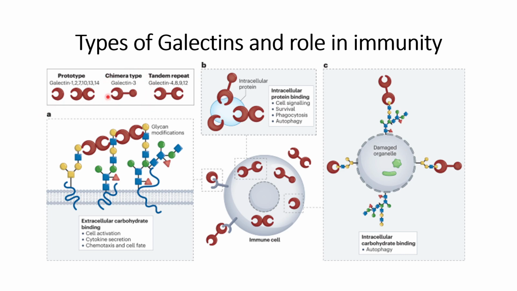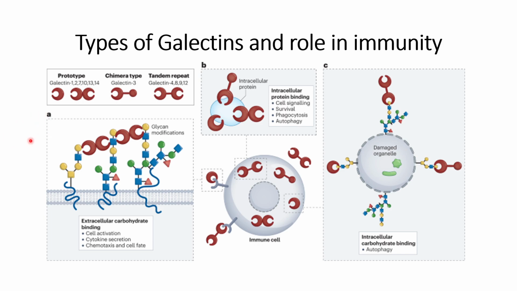In the chimeric type, the galectin is attached to some kind of antigen, as shown here. In the case of tandem repeat, the two galectins are attached together with the help of a linker. These are the three main types of galectins that are classified.